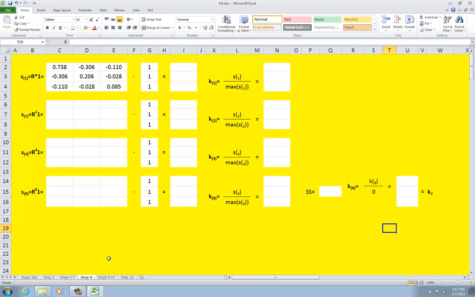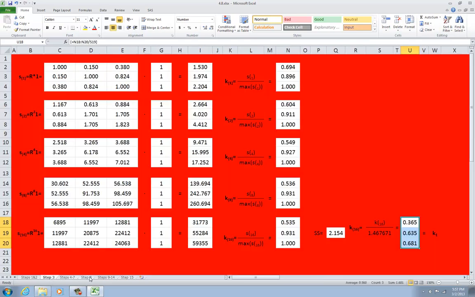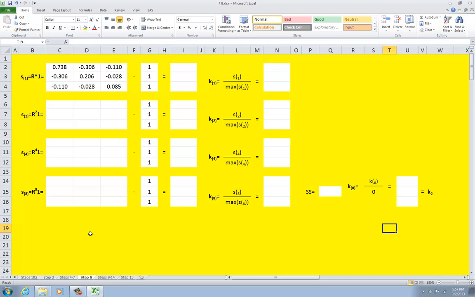And we are ready to extract factor 2 by the method of successive squaring that we did in step 3. So we're going to do this in step 8 again, but for factor 2. We're going to get the trial eigenvectors for each successively squared R matrix until convergence is reached.